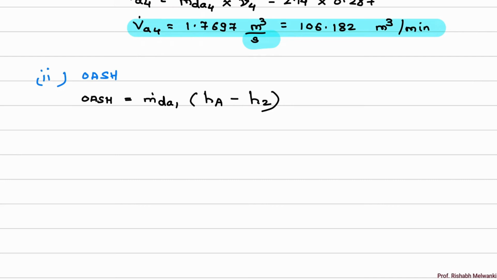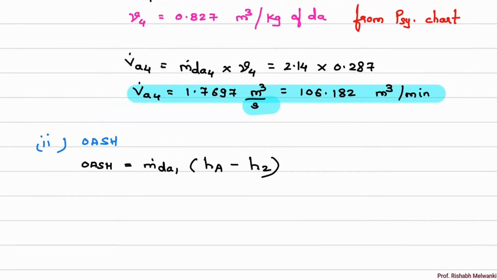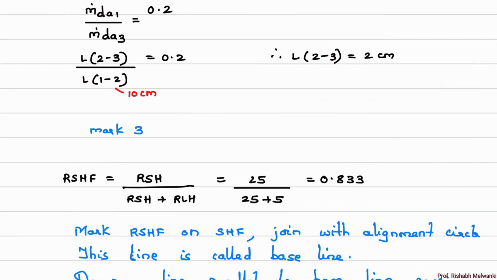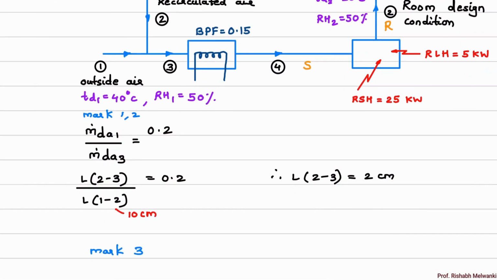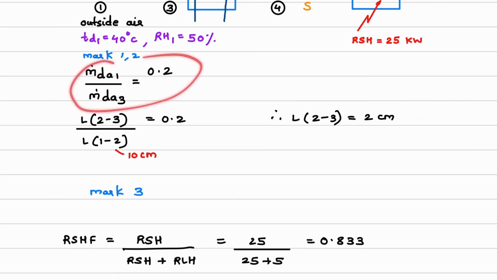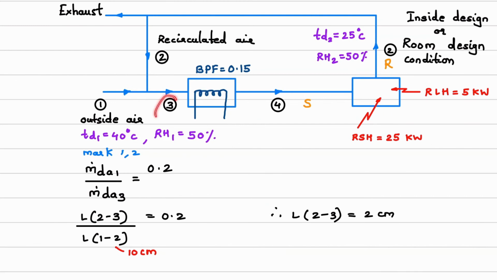Okay, now we need here m dot dA1, but what we have calculated is m dot dA4. Now it is given in the question that m dot dA1 is 20% of m dot dA3. This is based on mass. Here what is given in the question is the mass flow rate basis, that percentage is given. So m dot dA1 is 20% of m dot dA3, and this m dot dA3 is equal to m dot dA4.